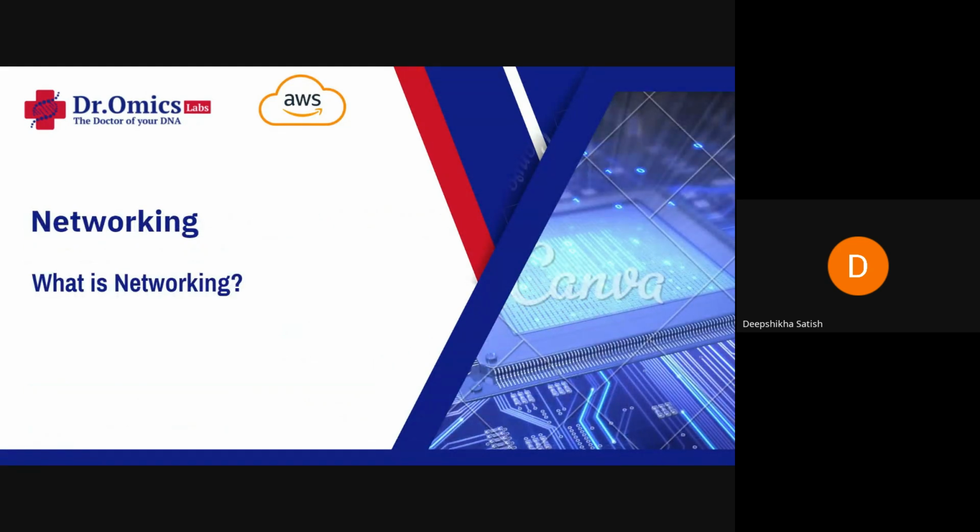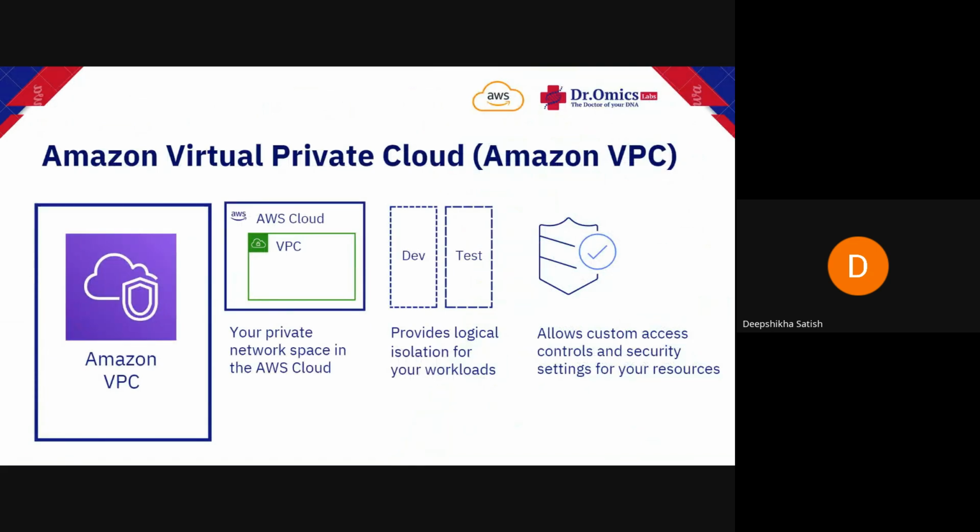Okay, so first thing, what is networking and why is it important? Amazon Virtual Private Cloud, that is Amazon VPC. So VPC is Virtual Private Cloud. You can see here Amazon VPC. It is a private network space in the Amazon Cloud.